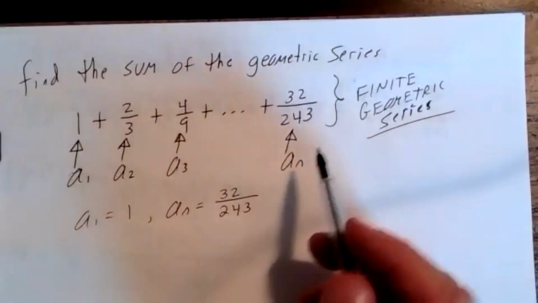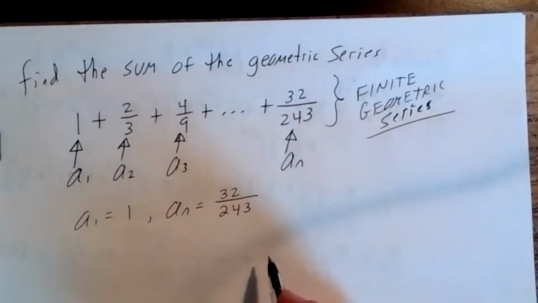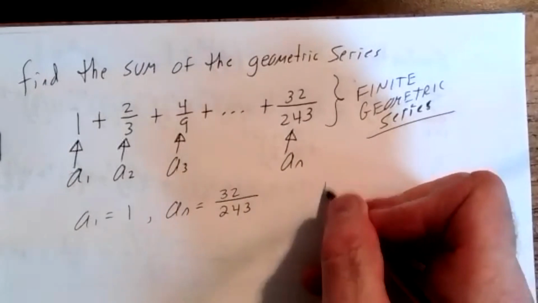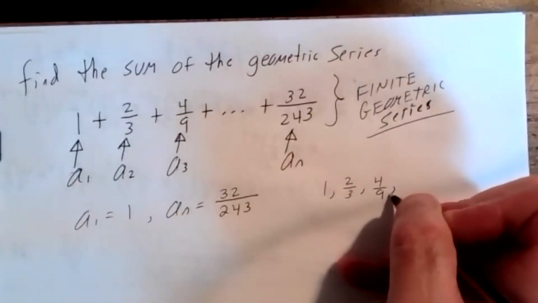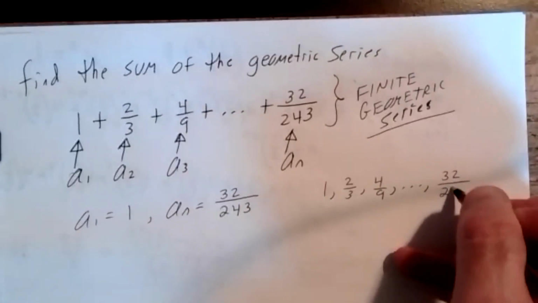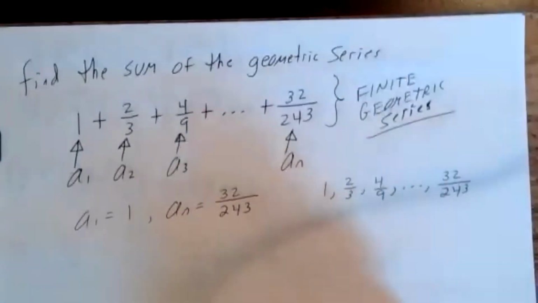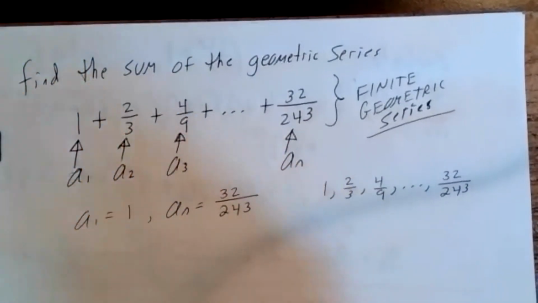We don't have a clue. So what we can do is we're going to have to find out what term this is here. In order to do that, ladies and gentlemen, we're going to use the associated geometric sequence, which is this right here. And we're going to have to find what term this last term is here. Well, we know our first term is 1. What's my common ratio? Can we determine that?